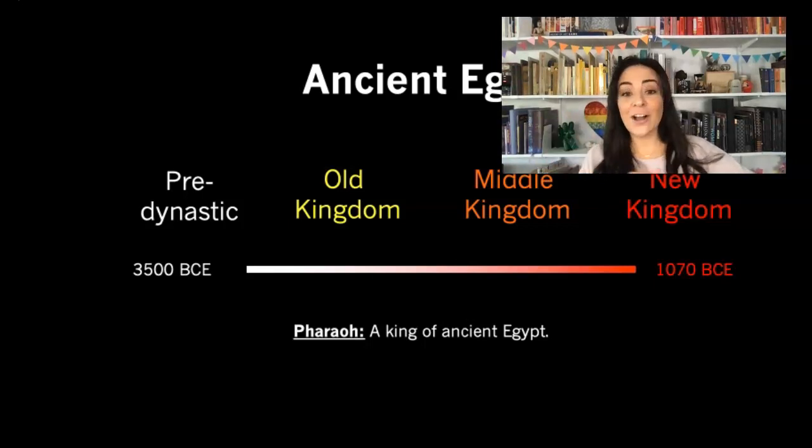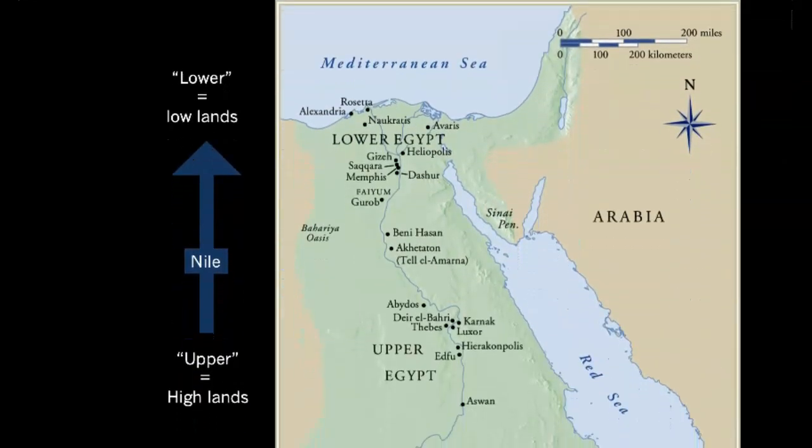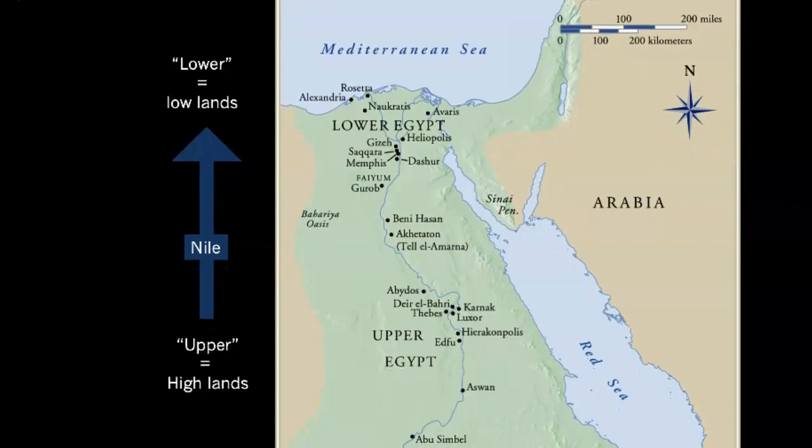Let's get into the geography of ancient Egypt. This is another reason why ancient Egypt has so many periods of relative peace and prosperity. The continent of Africa is, well, technically, we're looking at the area above the Sahara Desert, and we're looking at the area in the corner between the Mediterranean and the Red Sea, and this small peninsula here between the Arabian Peninsula and what is now modern day Egypt.